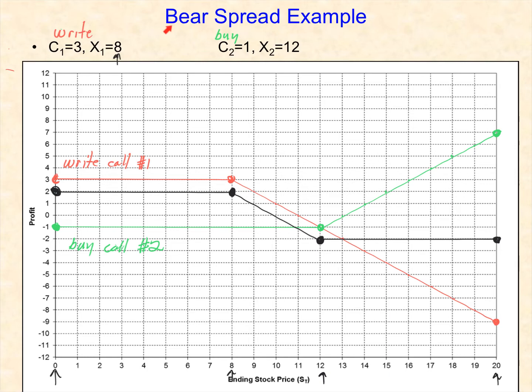Okay, a bear spread implies that the strategy should profit with falling prices, and indeed it does. We can see the bear spread, the black line, profits along here from stock prices from 0 to 8 and loses over here with stock prices from 12 to 20. So indeed it profits as stock prices fall.